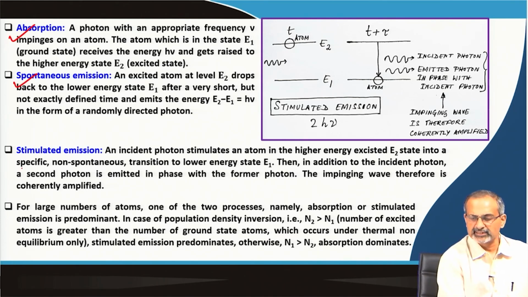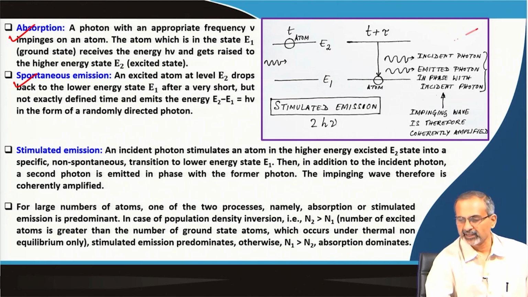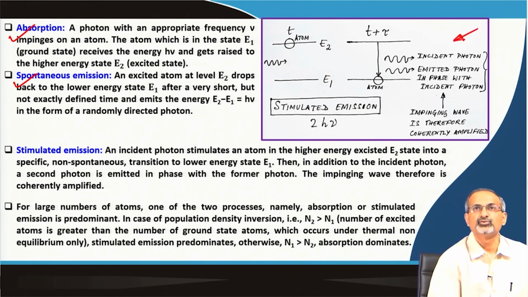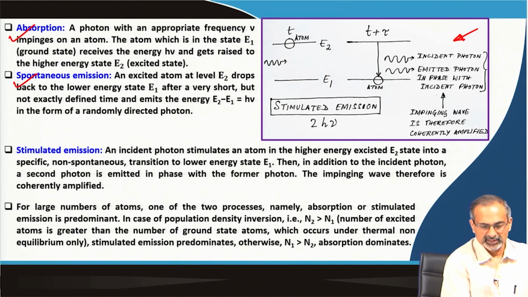When it comes to stimulated emission, this is the diagrammatic representation. Let us try to read the lines as we look at the diagram as well. An incident photon stimulates an atom in the higher energy excited state E2 into a specific non-spontaneous transition to lower energy state E1, and then in addition to the incident photon, a second photon is emitted in phase with the former photon.